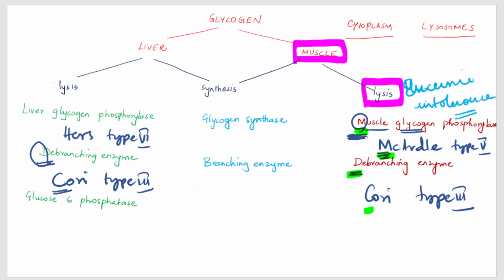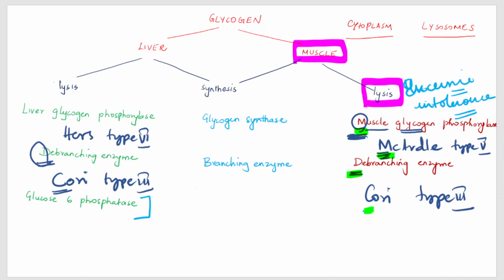So exercise intolerance happens in defective glycogenolysis in muscle. Can glucose 6 phosphatase enzyme be present in muscle? It is not present in muscle. It is present only in the liver. This is why muscle glycogen cannot donate blood glucose, whereas liver glycogen can, right?